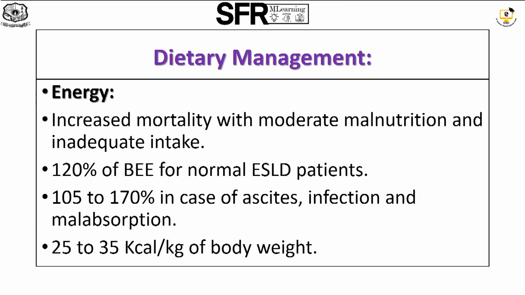If malabsorption is the case, if a person is having ascites, that is an accumulation of abnormal fluid in the peritoneal cavity, or infection happens, the calorie intake should be raised to 150 to 170%, which is approximately 25 to 35 kilocalories per kilogram of body weight. If the patient is malnourished, 30 to 35 kilocalories will be sufficient to address the malnutrition issues.